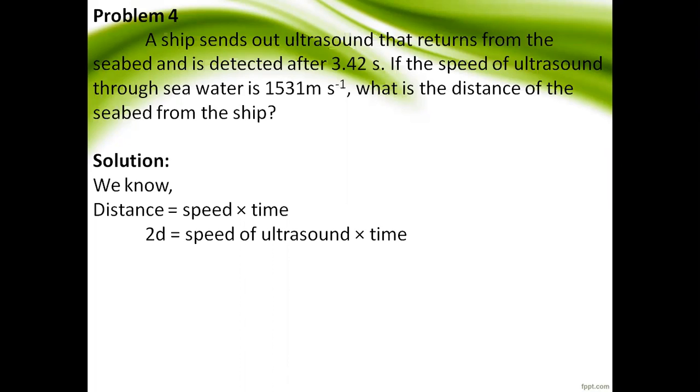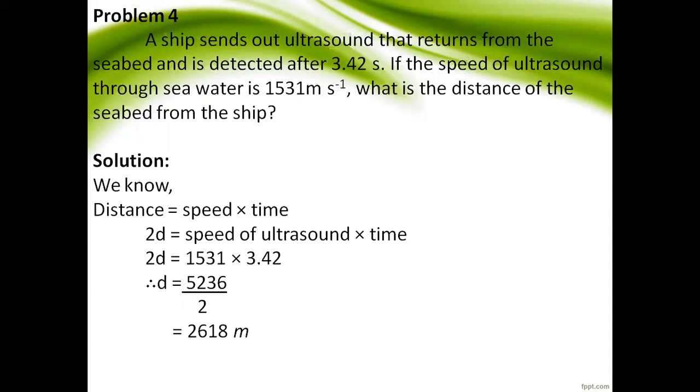So 2d equals speed of ultrasound into time. So speed of ultrasound 1531 into time 3.42 seconds. So d equals 1531 into 3.42 equals 5236 divided by 2. So the 2 on the left side goes to the right side.